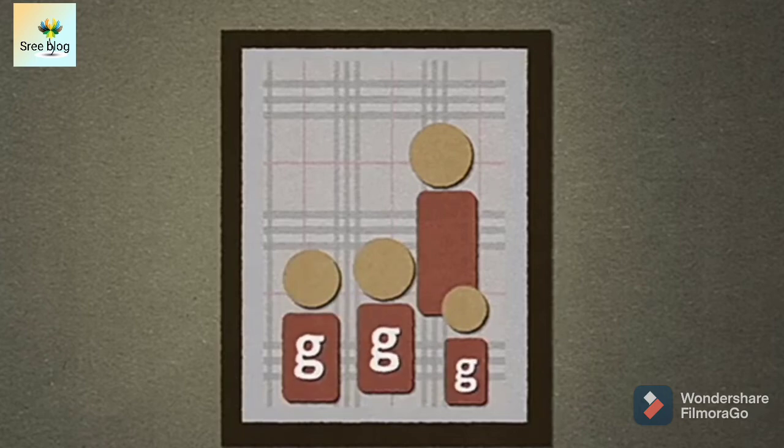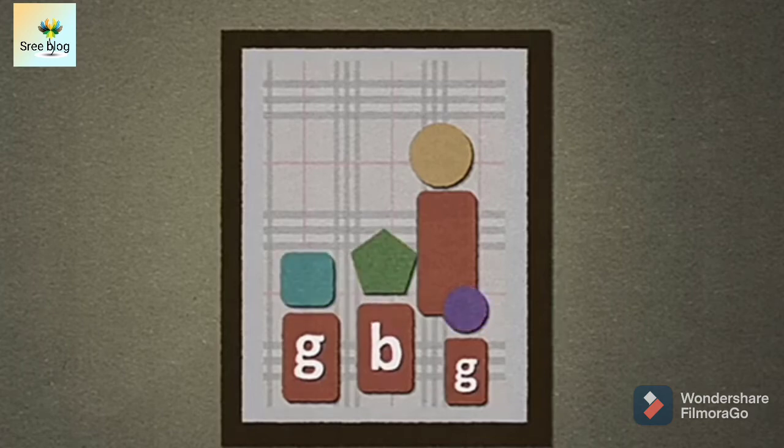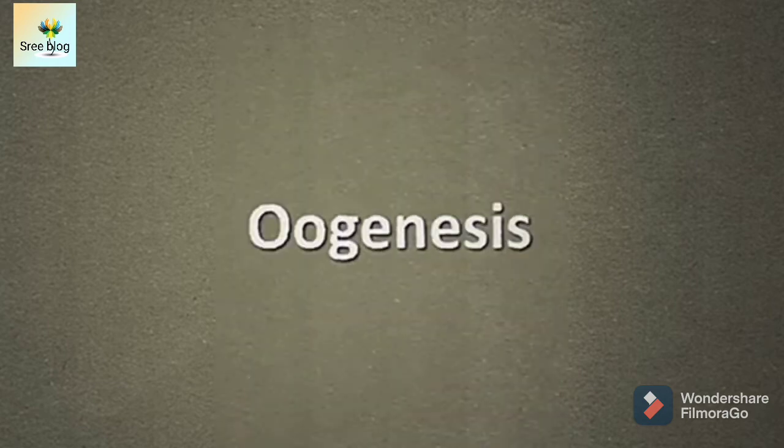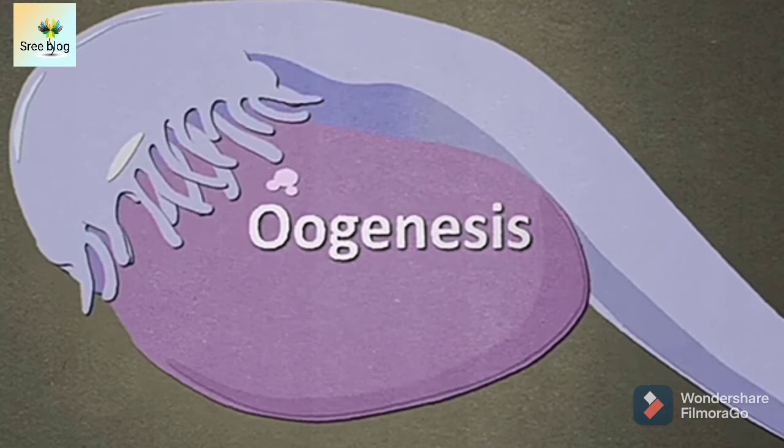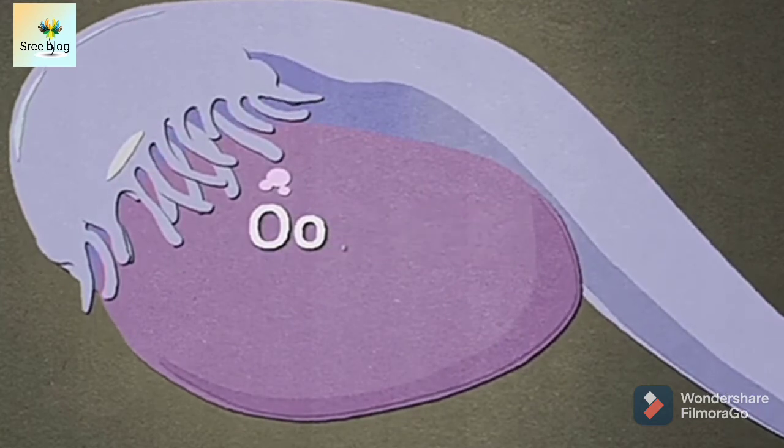Next, parthenogenesis. Nowadays, we are also able to develop seedless fruits like watermelon, grapes, etc. This is also a process of reproduction where there is a shift from sexual to asexual mode of reproduction.